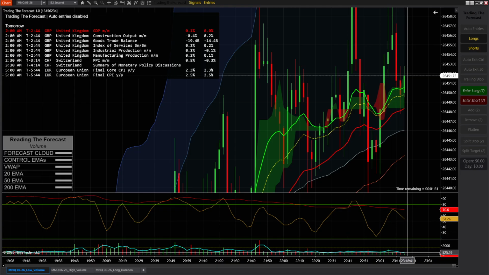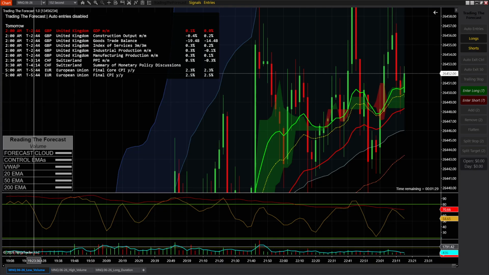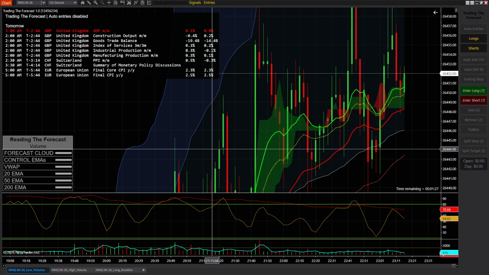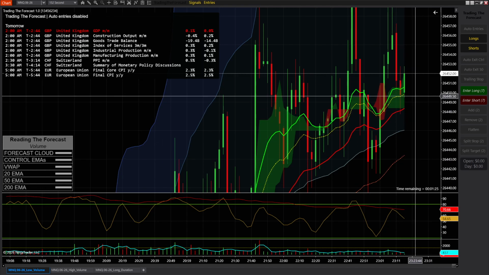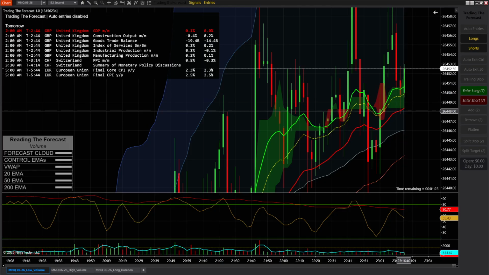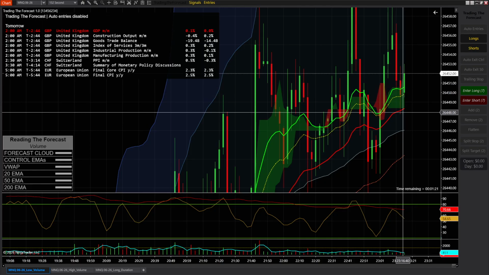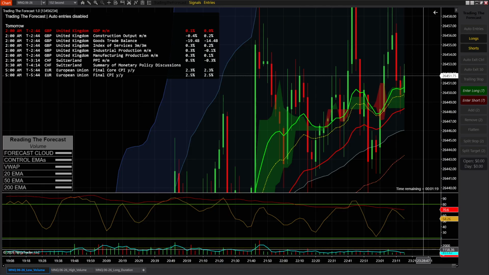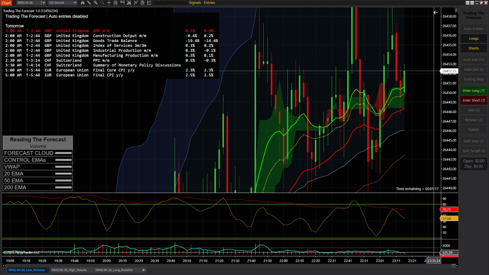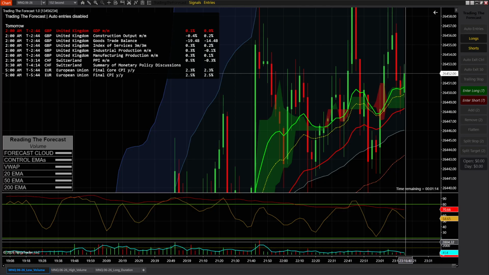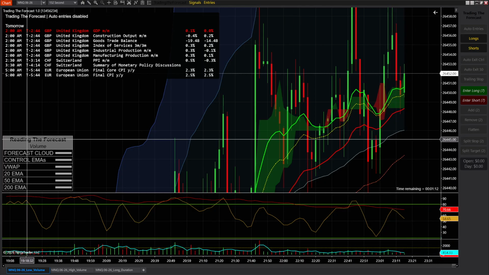We have a volume range we have to be in order for the box to be turned on, because the signal will not be reliable unless we're in that volume band. This is your volume chart down here, so that's why it's gray.